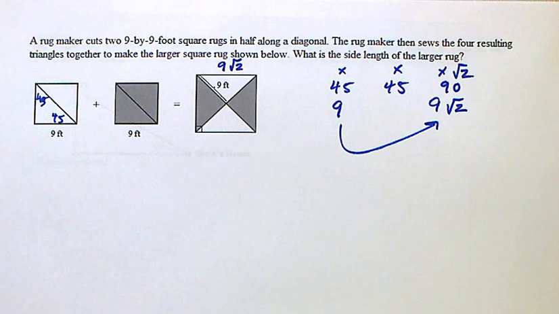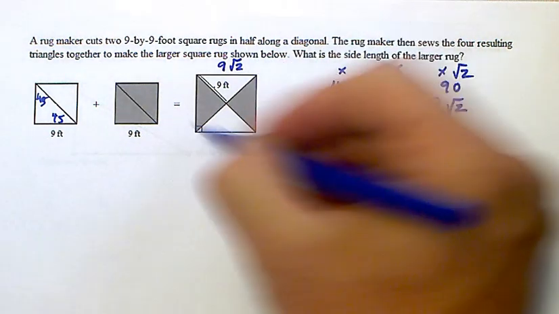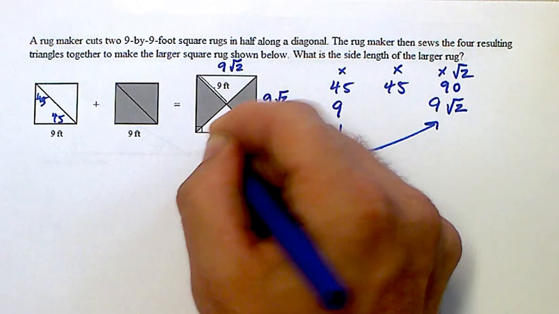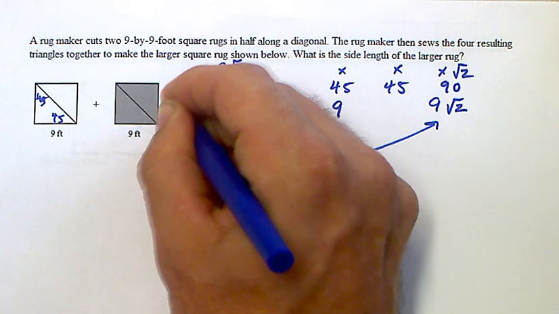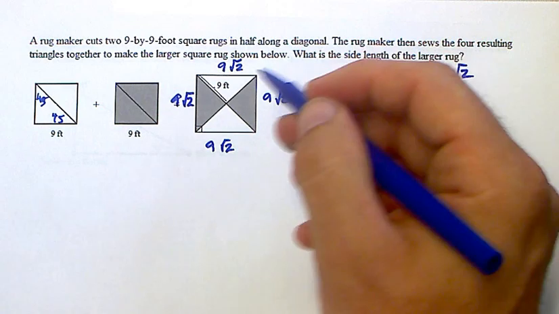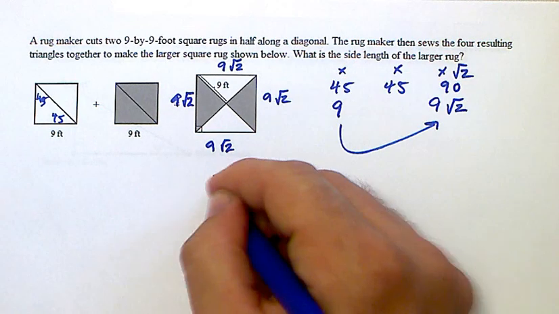So if you're adding all four of these sides, it's like you're adding 9x 4 times. So basically you end up with 36 square root of 2.